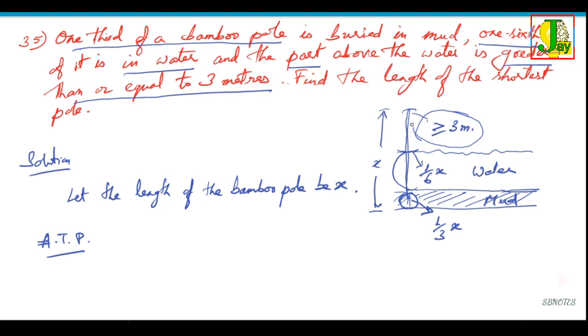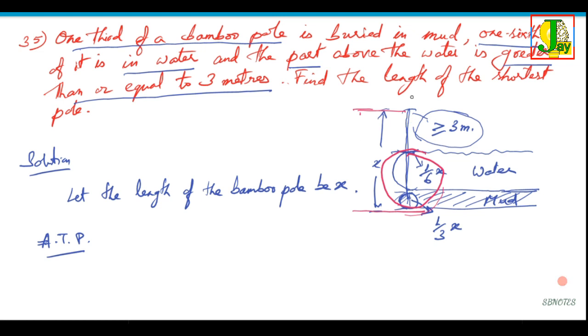If we subtract this whole part from the total length of the bamboo, that is, we subtract the part under the water from the total length, what is left is this part.